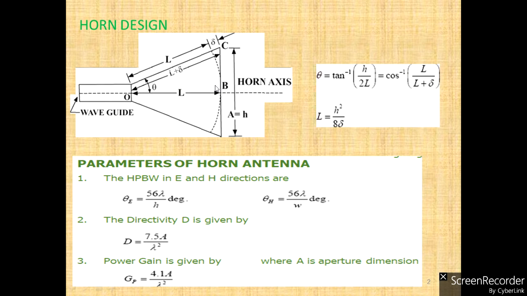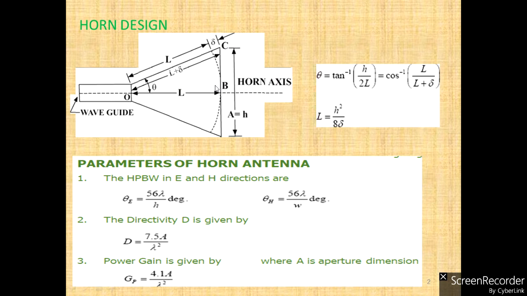Similarly, in terms of cos theta, we know adjacent by hypotenuse. Adjacent is OB and hypotenuse is from O to C. So the equation is cos theta equals L by L plus del, where del is nothing but the path difference.